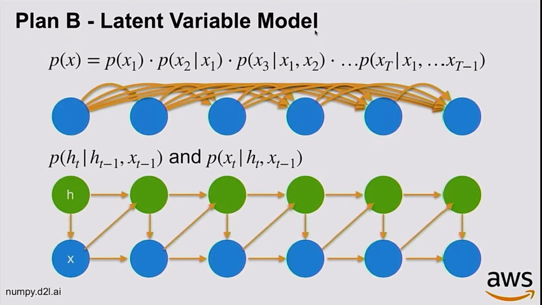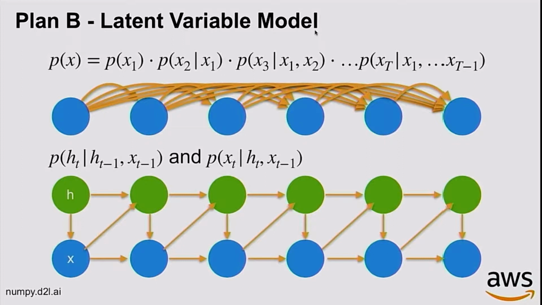The second assumption is that the probability of the current output x, the thing that will happen next, depends on the current hidden state and the past input.